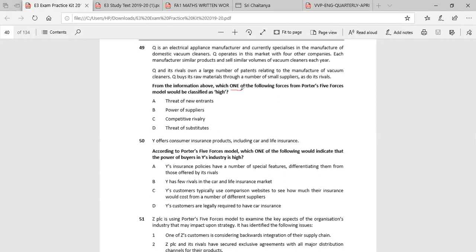Okay, read the content once again. Is it about substitute? Substitute is about the product, isn't it? The preference of customers, whether they are okay with using the substitute product. D is power of supplier. Read the content once again and then let me know.